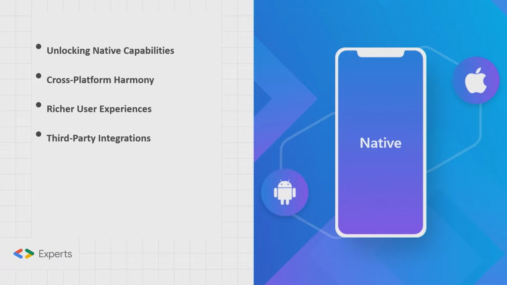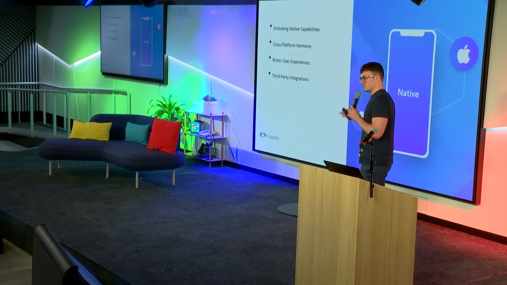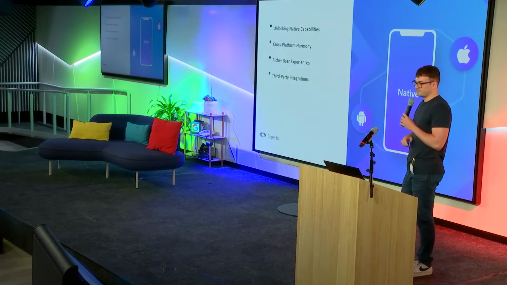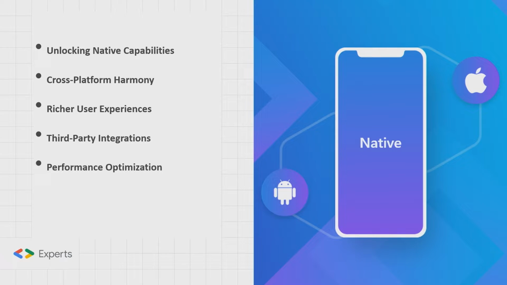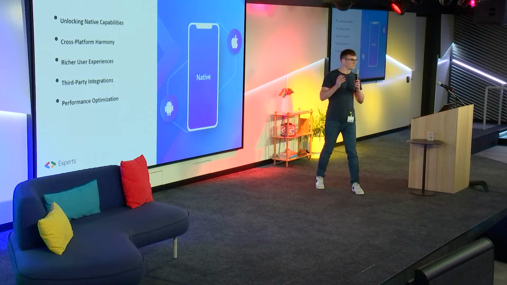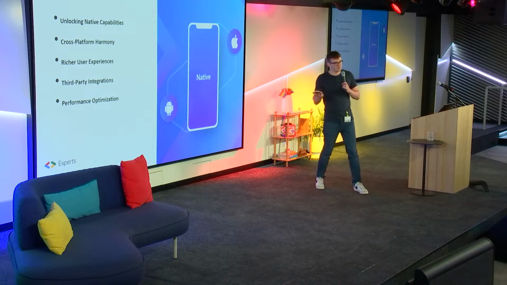Third-party integrations. If Android or iOS have a third-party integration, you'll still need to go through the method channel and then invoke it on that platform, like Android or iOS, Windows, web, wherever. Performance optimizations. This one I was a bit hesitant to put in, but there could be some cases where you write some Dart code, runs flawlessly on Android, but for some reason on iOS it could jank.